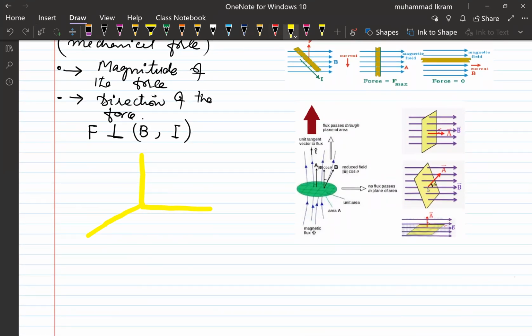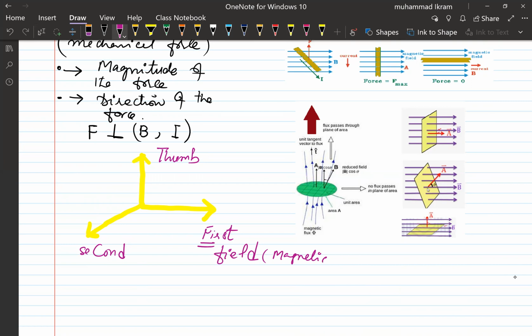If this is the first finger, and if this is the thumb, and if this is the second finger, then the first finger will always be in the direction of the magnetic field.